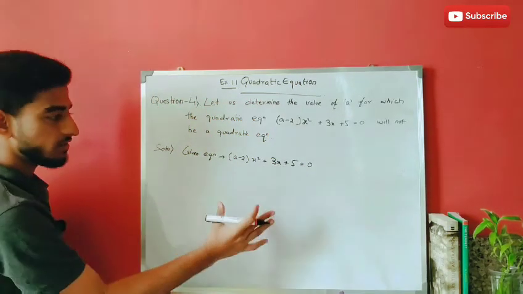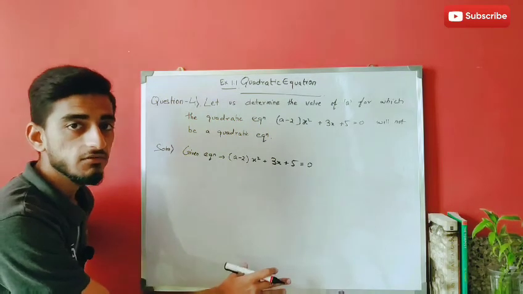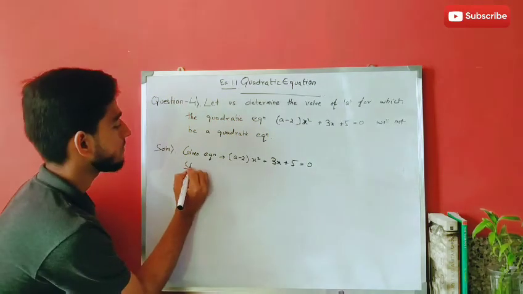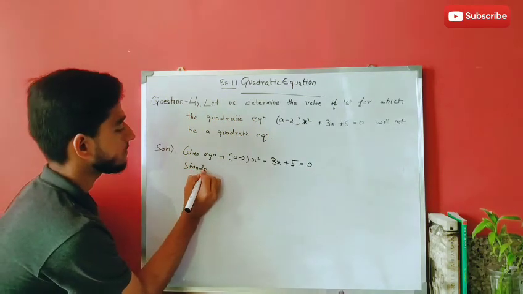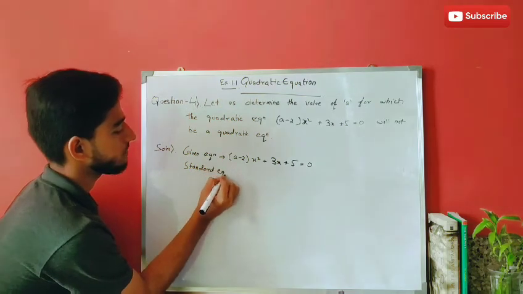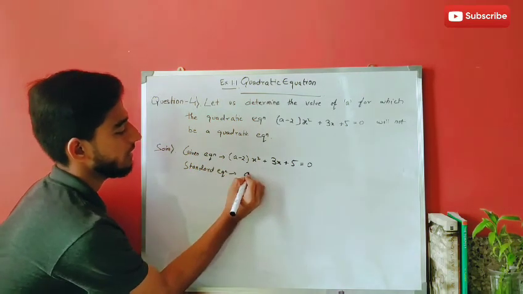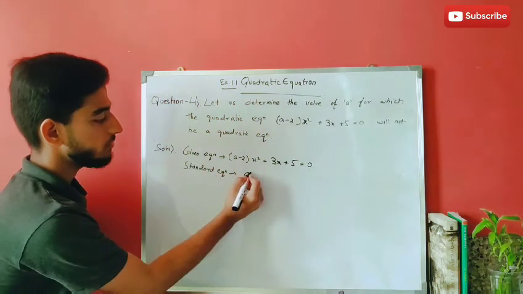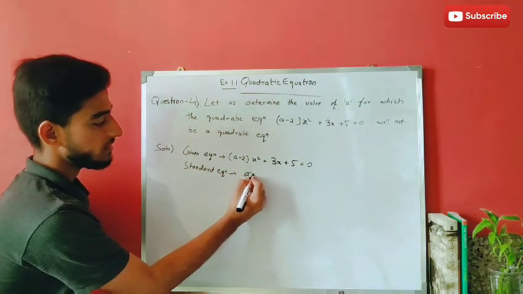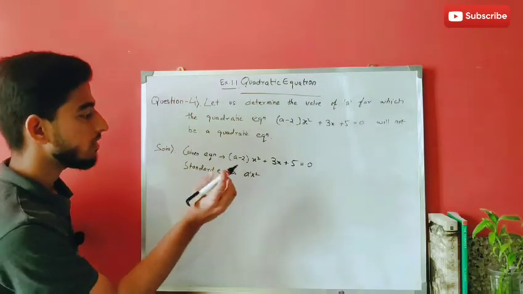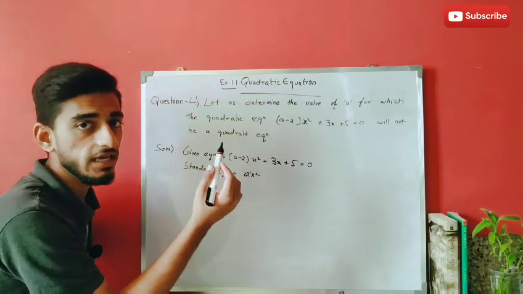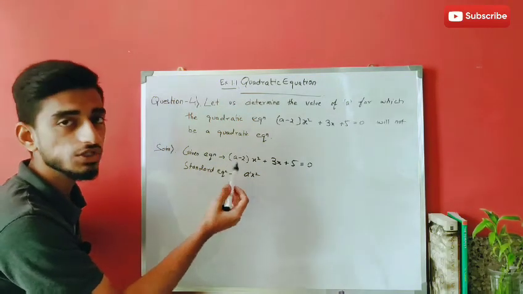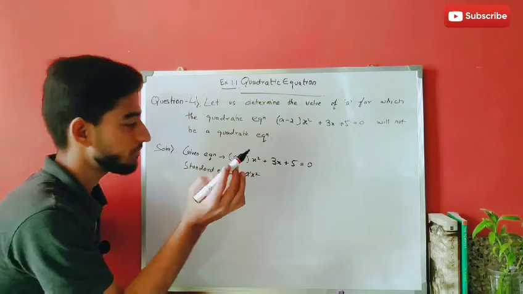For the standard equation we will not use a, we will use a dash x square, because in the question they have already given a, so we would be confused.